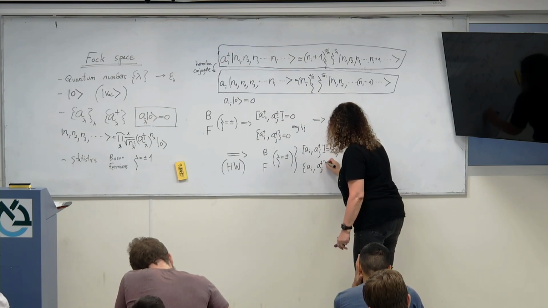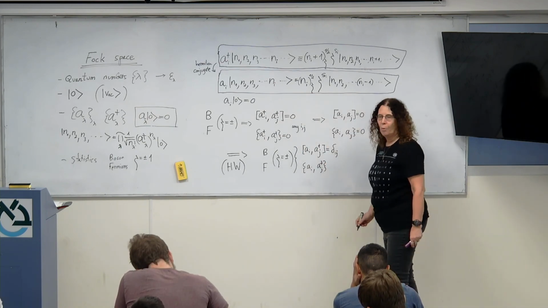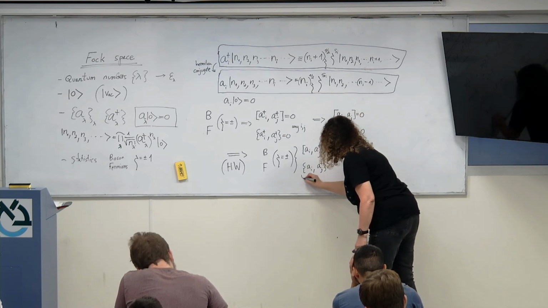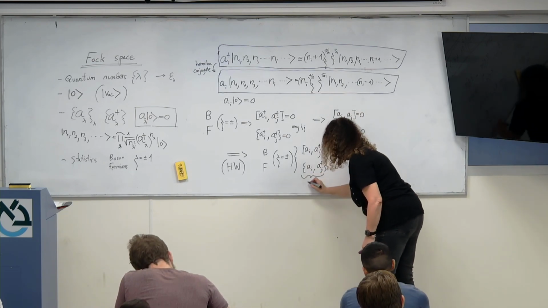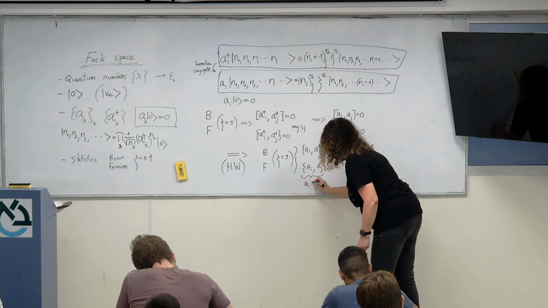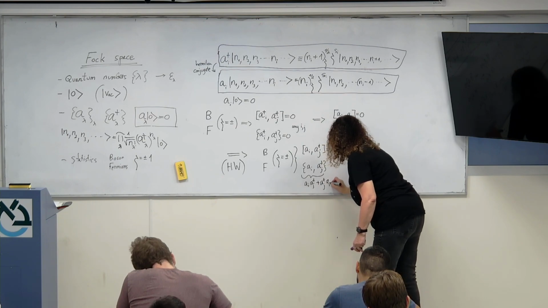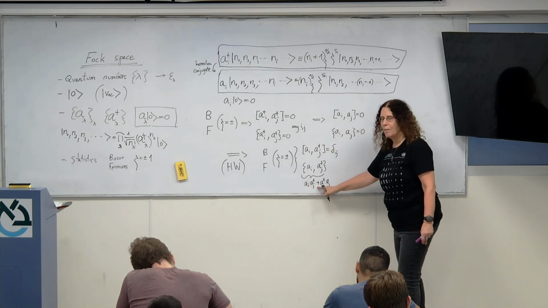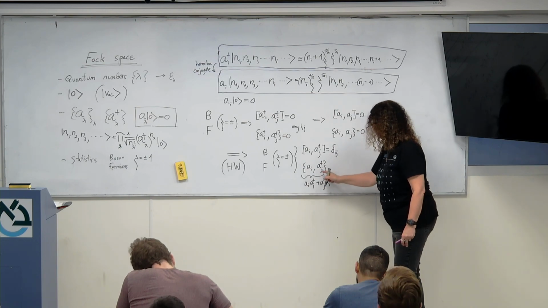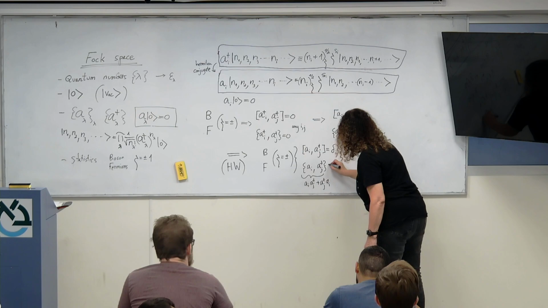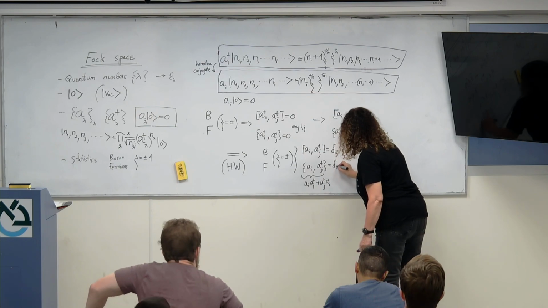So if you look at this anti-commutator, just to remind you what it means, it's A_i A_j dagger plus A_j dagger A_i, and you see because of the plus, it doesn't matter if you put the dagger here or here, but this also gives a delta.